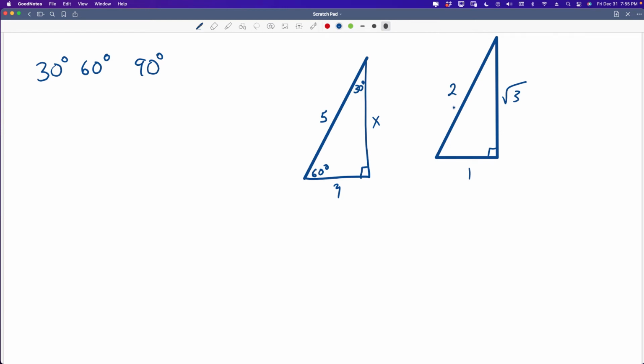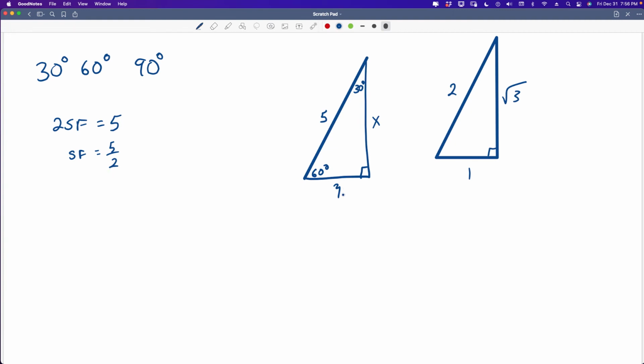That's our scale factor. So 2 times some scale factor is equal to 5, so the scale factor is 5 over 2 because we divide both sides by 2, and that leaves a fraction, 5 over 2. That's our scale factor for all of them.